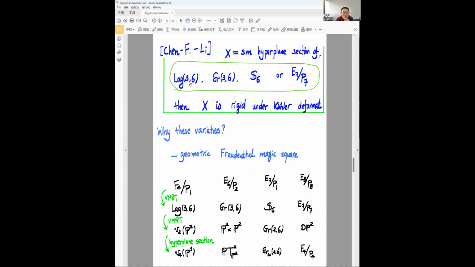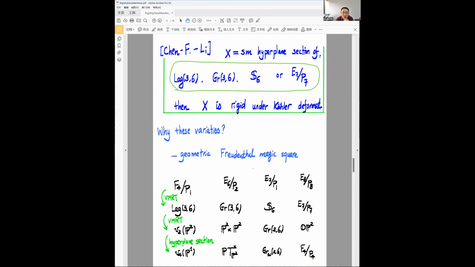The first one is the Lagrangian Grassmannian LG(3,6), and then the Grassmannian G(3,6), and S6. S6 is a spinor variety corresponding to D6. D6 means this is SO12, and also E7 mod P7.